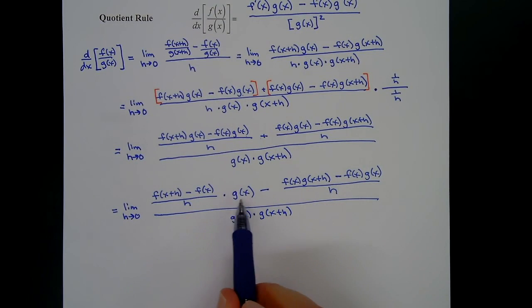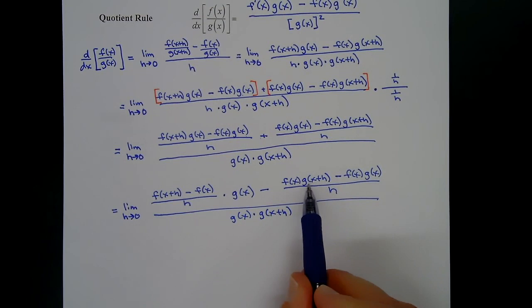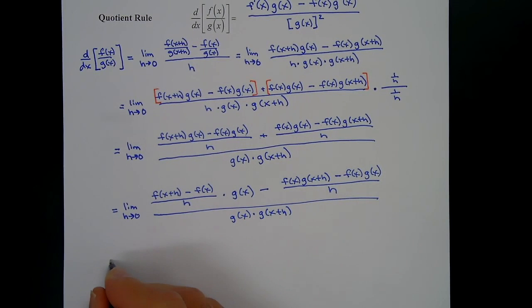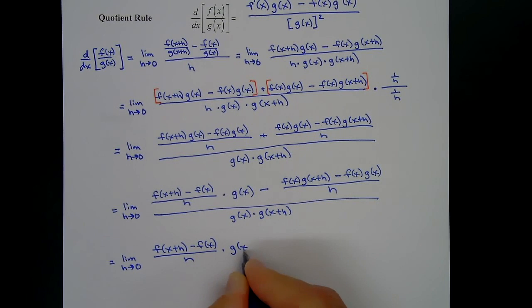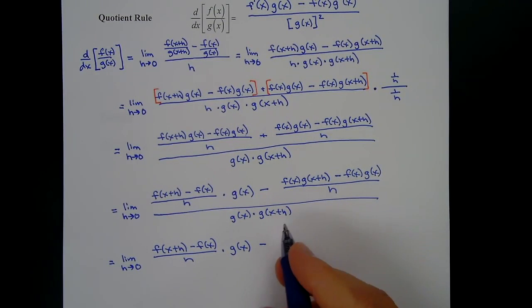Okay, so we factored the g of x out of this one, and now we're going to factor an f of x out of this one. So this becomes the limit as h approaches 0 of f of x plus h minus f of x over h times g of x, minus, and then out of both these I can factor out an f of x.